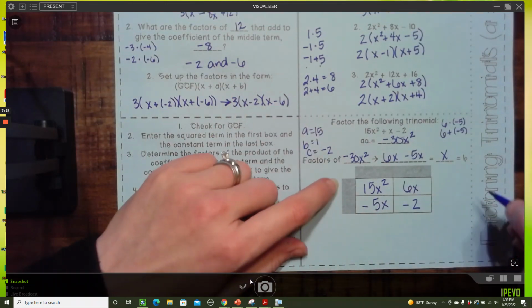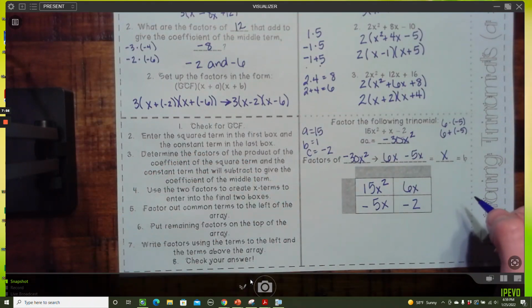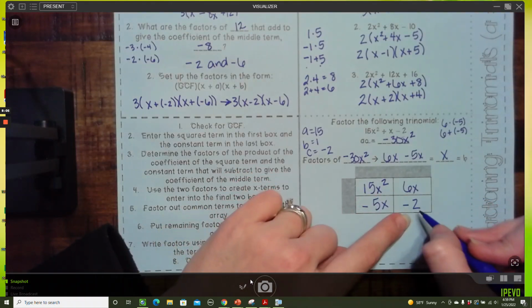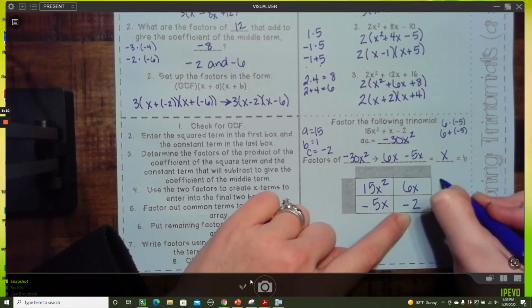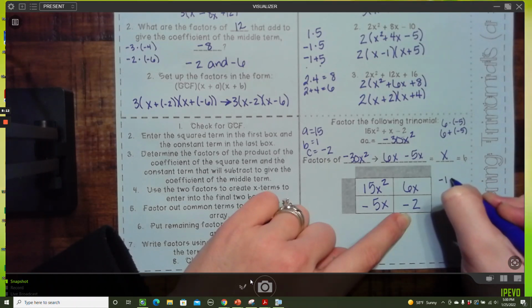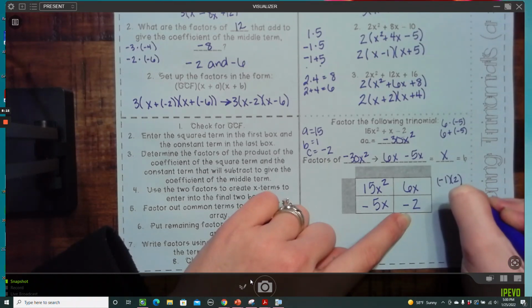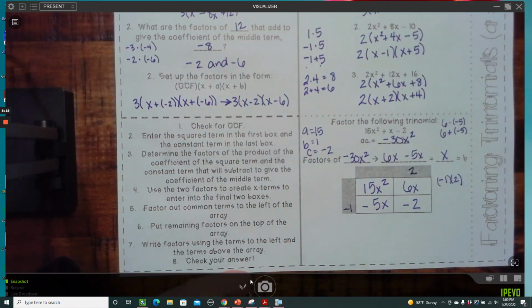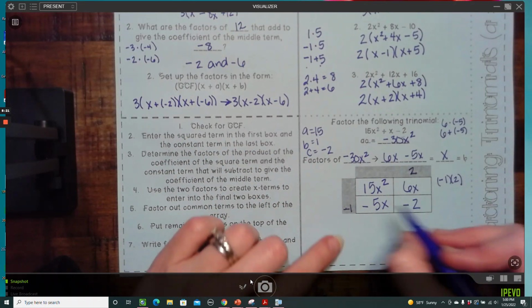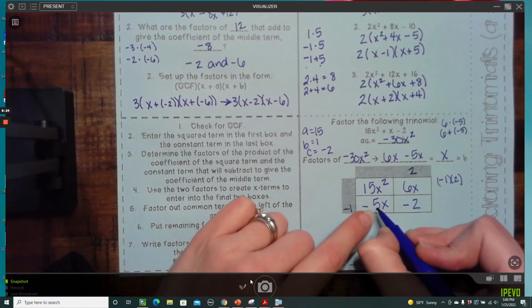Okay? So, oh, sorry. All right, so two numbers here that'll multiply to make a negative 2 are going to be negative 1 times a positive 2. So I know that I'm going to have a negative 1 and a positive 2 here. Okay? So what times negative 1 gives me a negative 5x?